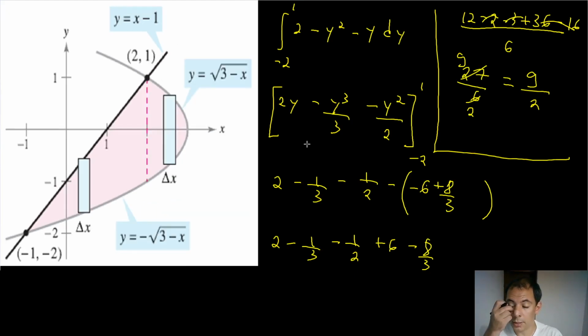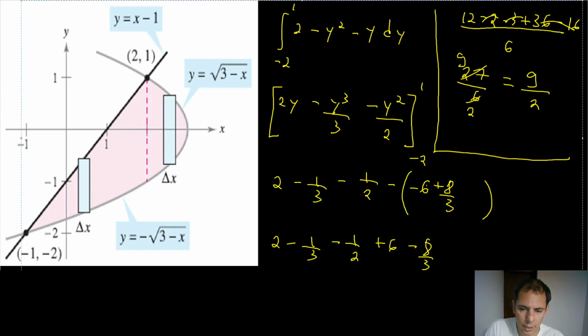So remember, this stuff is 9/2. I'm going to erase everything, and I'm going to say, hey, the previous exercise was 9/2. So if everything works out, we have to get to 9/2. I'm going to put the 9/2 in here. 9/2. Okay.